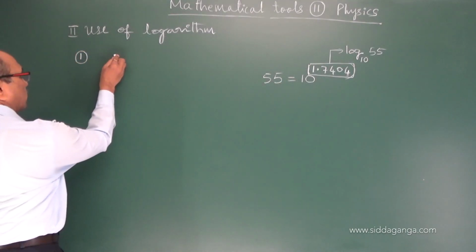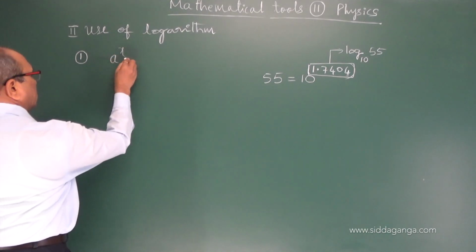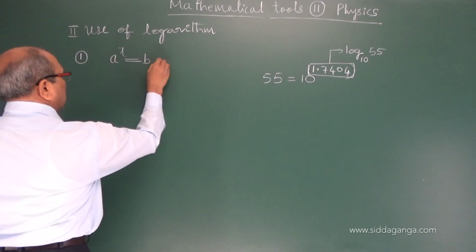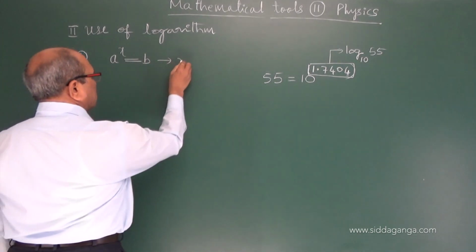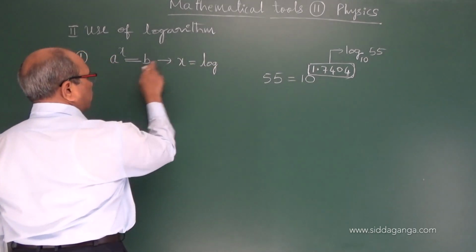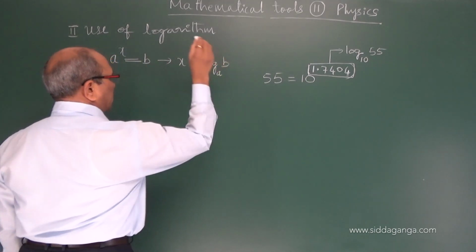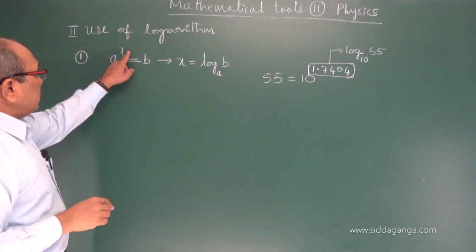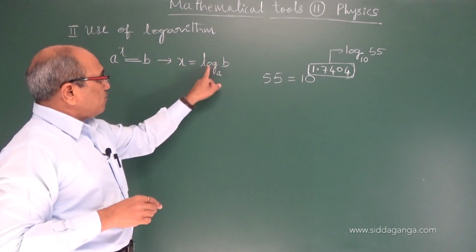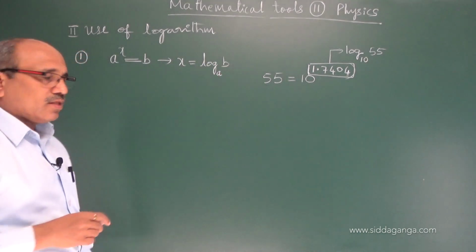The first formula: a power x equal to b, then x is nothing but log of b to the base a. The x value, the power, is nothing but the log of that number to the base a.